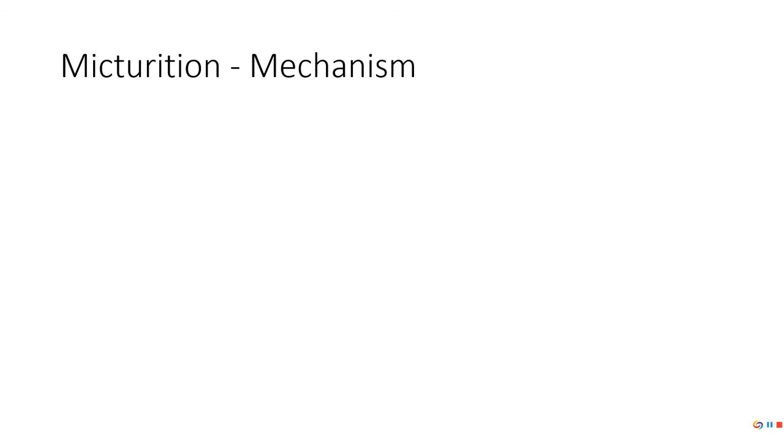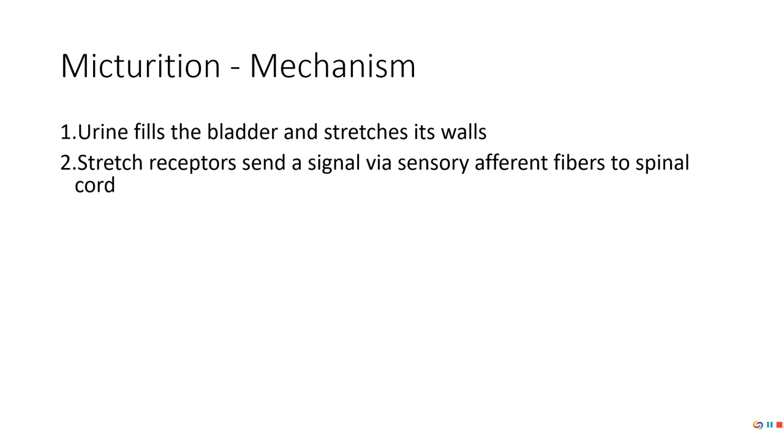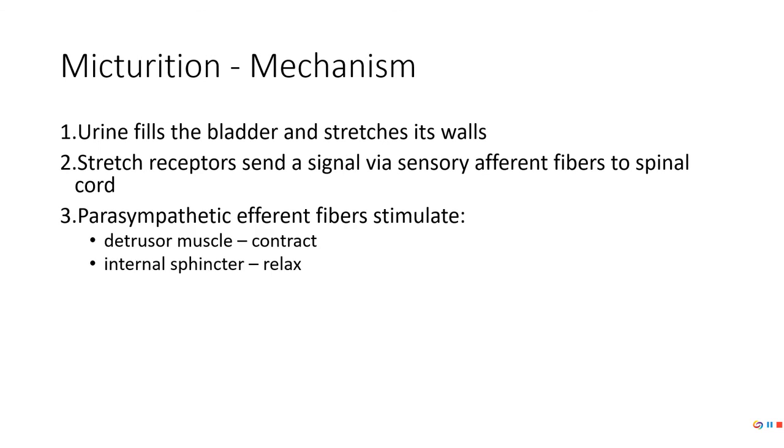So how does it work? Well, urine fills up and stretches out the walls. These stretch receptors, which are mechanoreceptors, send a signal via afferent neurons to the spinal cord saying we're getting full. This causes a parasympathetic response that causes the detrusor muscle to contract, and it also causes your internal sphincter to relax.